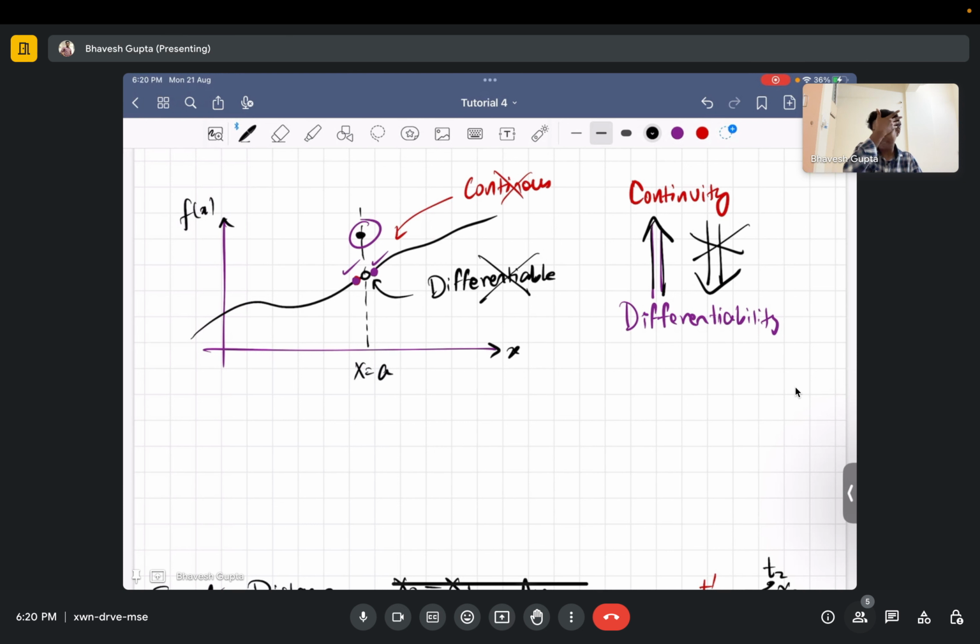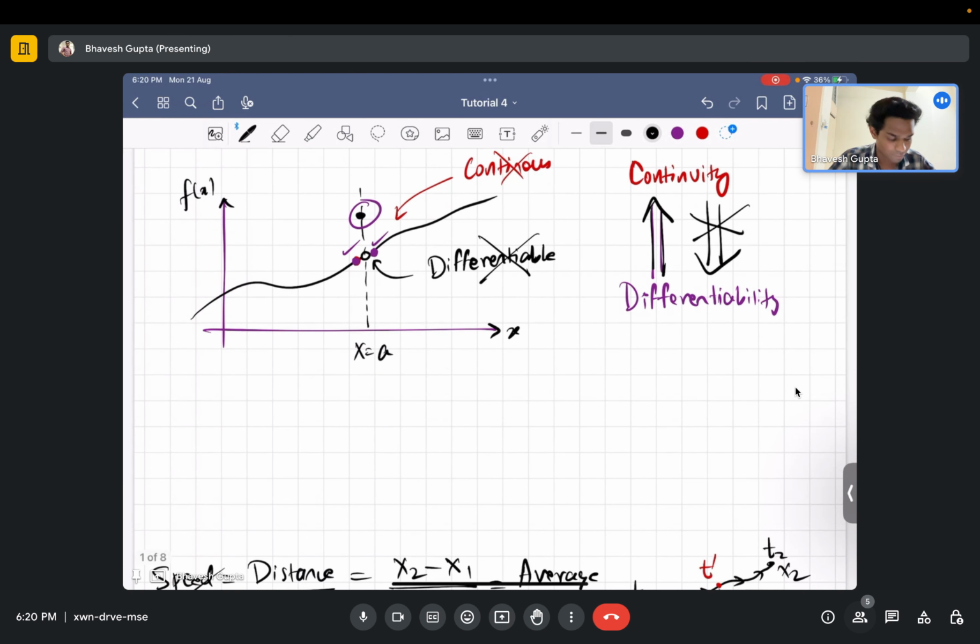I can give you one example why this double implies statement doesn't work. If a function is differentiable, you can directly write my function is continuous, but vice versa is not always possible. I can give one small example. Let's say I have the function f of x equal to mod of x minus a.